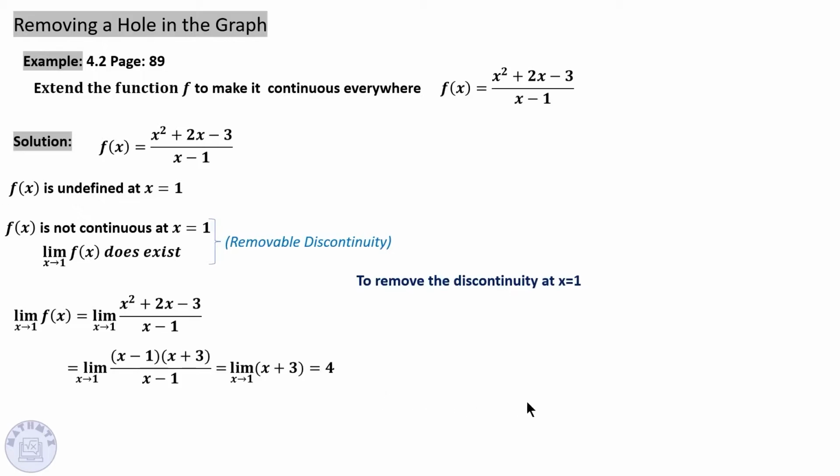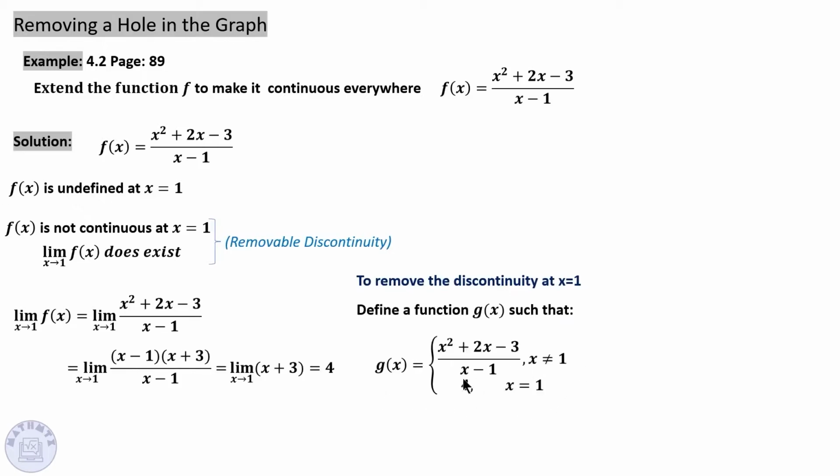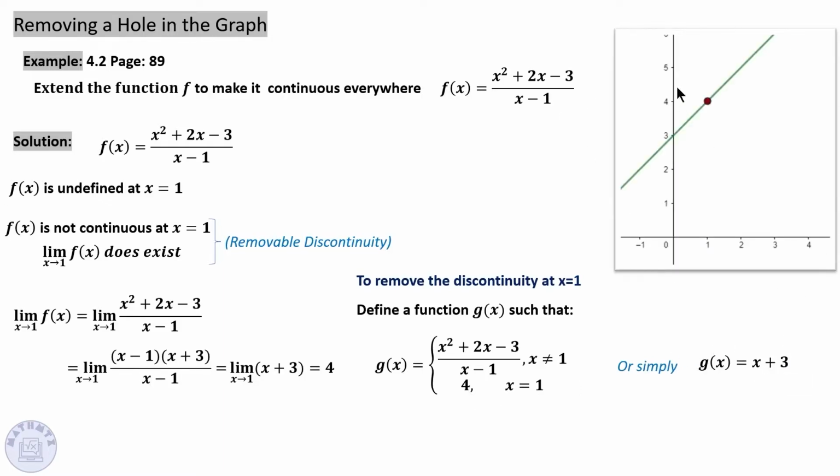So to remove the discontinuity, we will define a g of x where the function is the same everywhere except at 1, but at 1 we will make the function equal the limit. So the function equals 4. Or simply it will be x plus 3, which is the graph with the hole. Now with the hole filled, this means that the function is continuous for all real numbers.